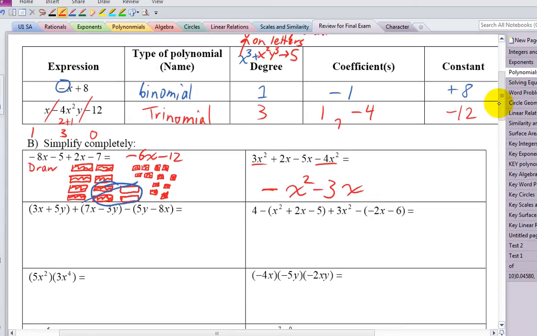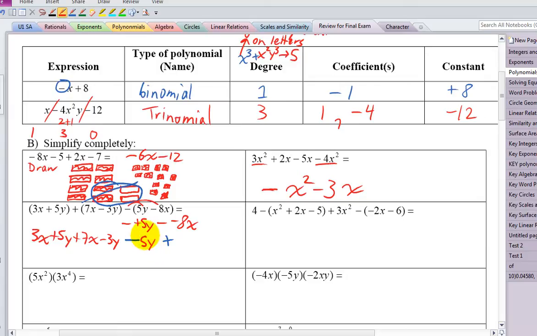For the next two, you're going to do the same thing, but you have to subtract correctly. When you're subtracting, you have to subtract both pieces. So you have to minus the positive 5y minus the -8x. When you drop brackets, make sure you add and subtract properly. So what happens to your signs? Yeah, they change.